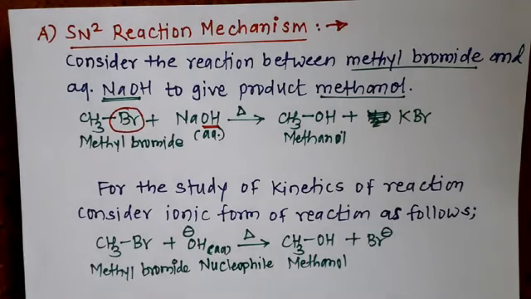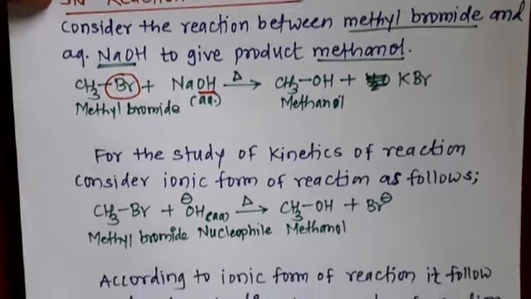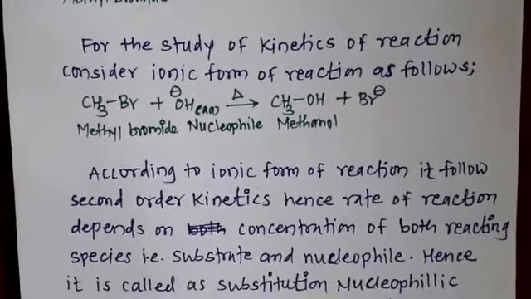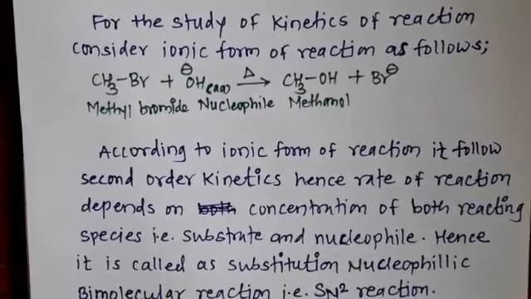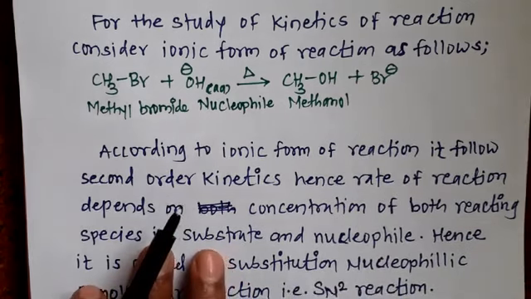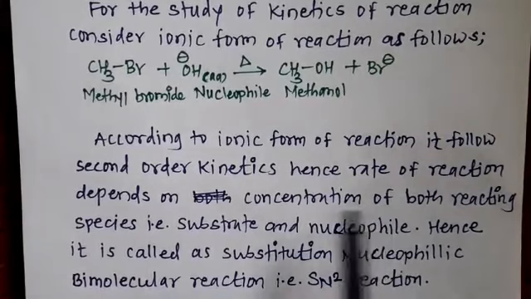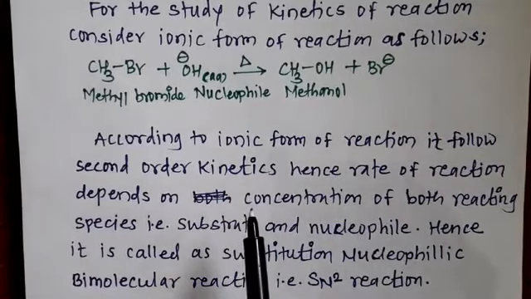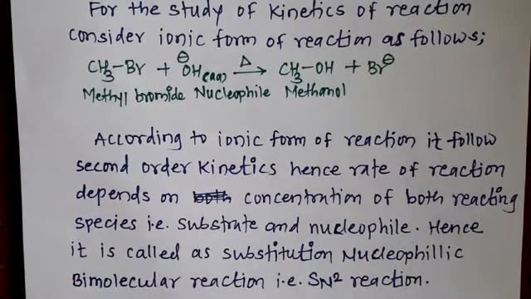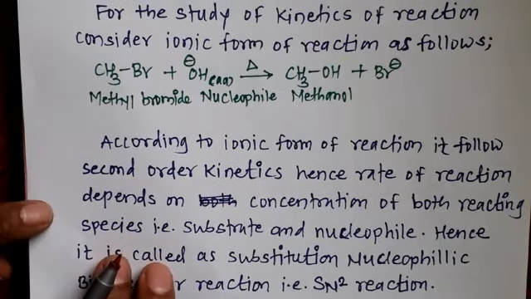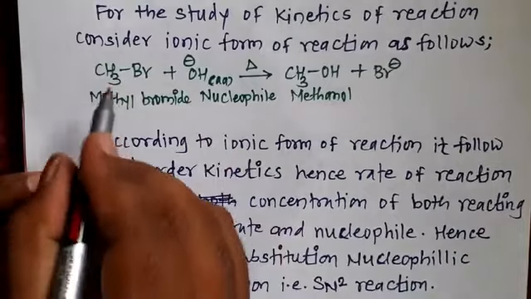Now, according to this ionic form of the reaction, we conclude that this is a second order kinetics reaction. It means that the rate of this reaction depends on the concentration of both the substrate as well as the nucleophile.